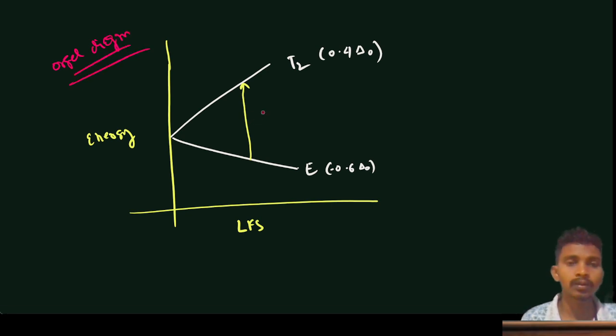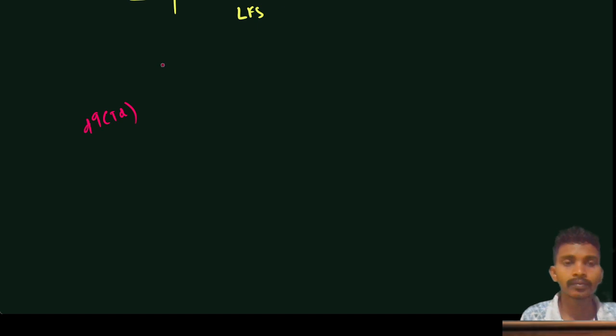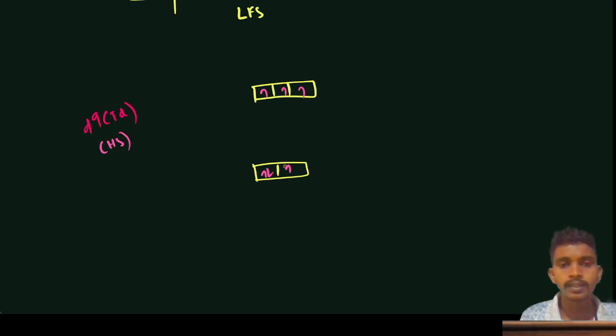Similarly, you can go for the same case for d9 tetrahedral. For that also you can do it the same way. This is always high spin, so I can count 1 2 3 4 5 6 7 8 and 9.